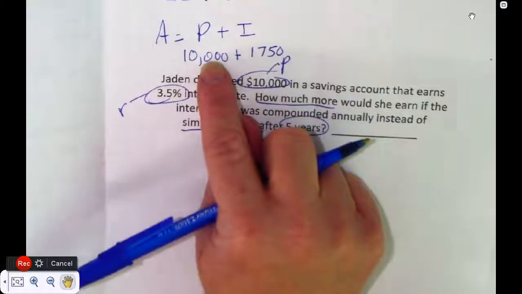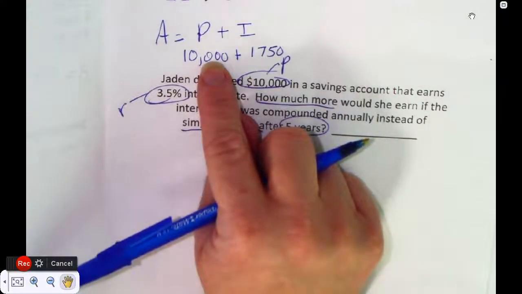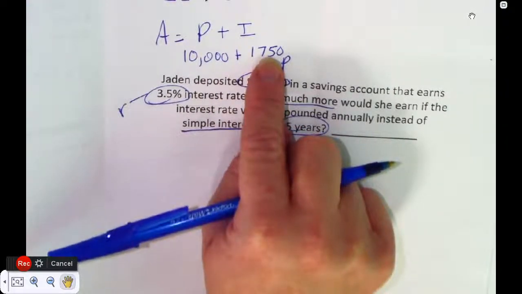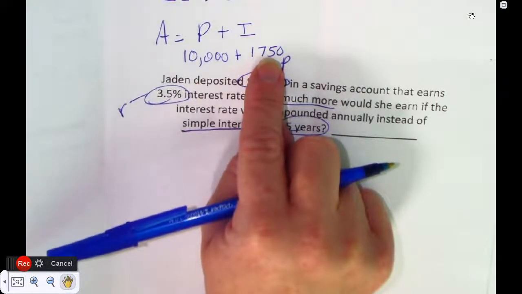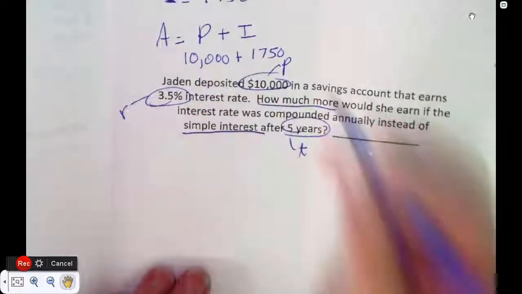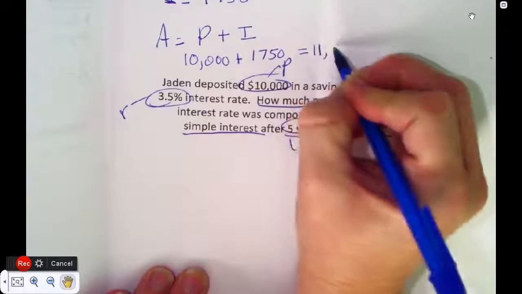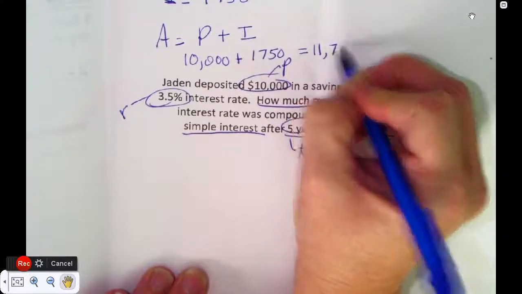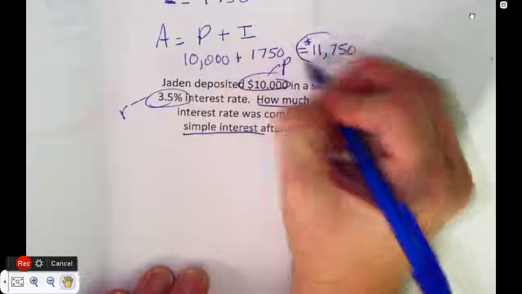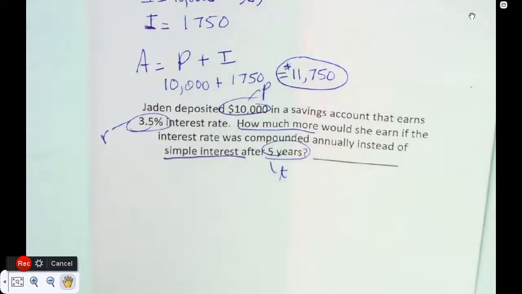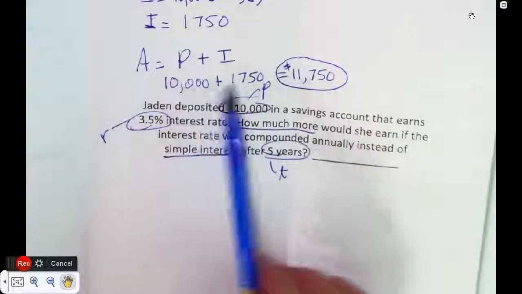So the amount in the account is her $10,000 plus what the bank paid her to leave her money in their bank for 5 years. They're paying her $1,750. So what does that equal? $11,750. So that's how much money at the end of 5 years she's got in that account. That's her amount of money. That's her interest.